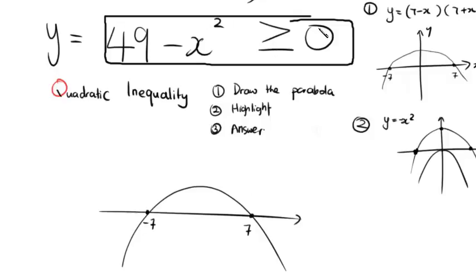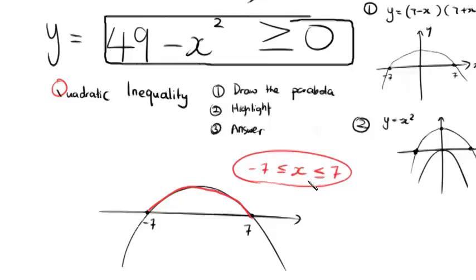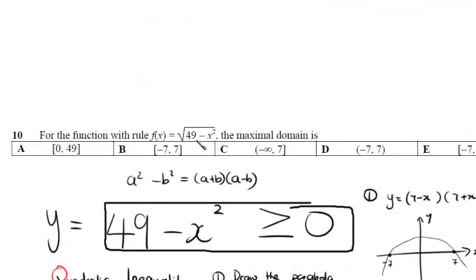This parabola is greater than 0 from here to here, and it's actually less than 0 out here. So in order for 49 minus x squared to be greater than or equal to 0, x must be between -7 and 7. That is the answer to this question.